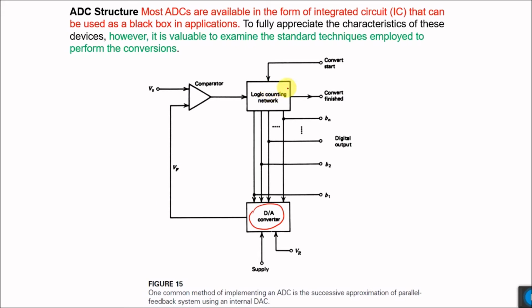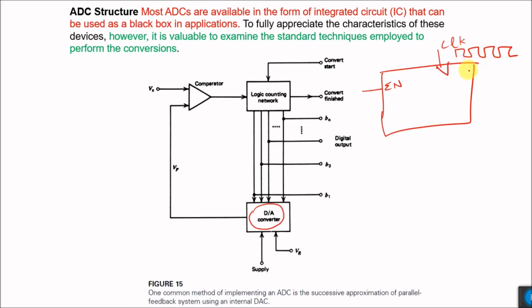This logic counting network has an internal structure of something like this. This is an enable pin, this is a clock pin, and here a fixed waveform of a fixed frequency is coming, and here are the 4 bits of the counter output.